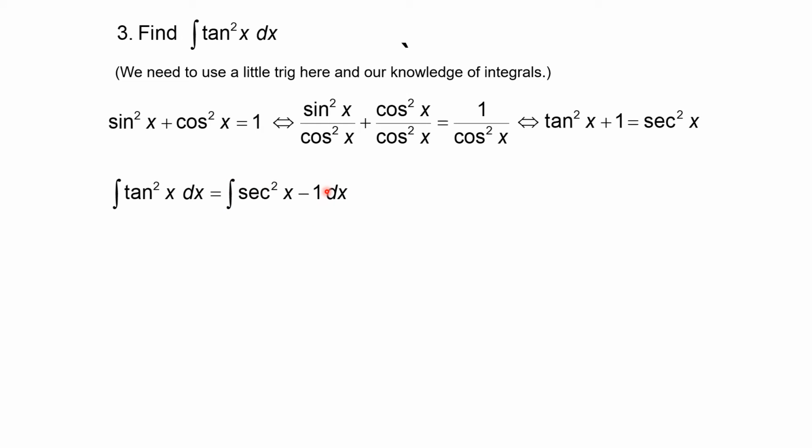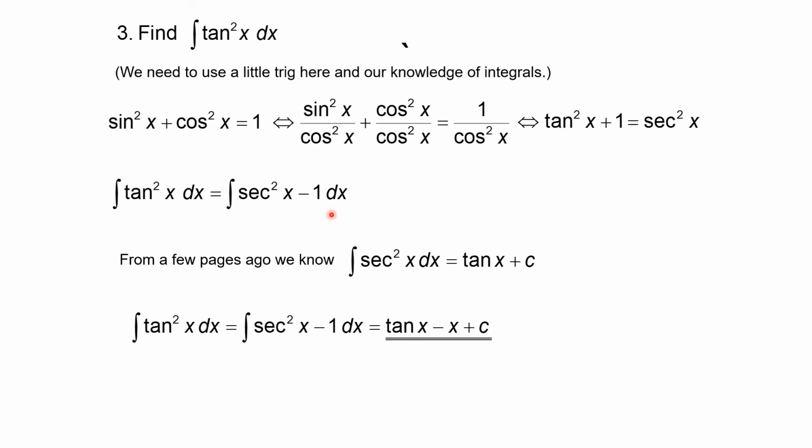Instead of integrating tangent square, you can integrate secant square x minus 1, and the final result will still be the same. Integrating secant square x gives you tangent x. Integrating minus 1 gives you minus x. And of course, don't forget the c.